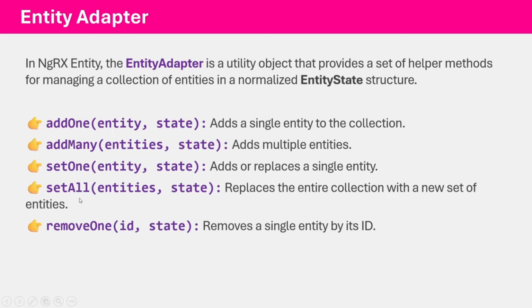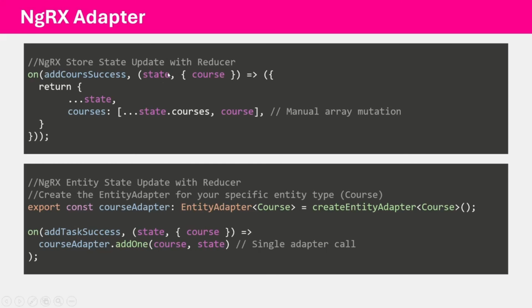But apart from these five methods, the entity adapter also provides more methods to perform CRUD operations from a reducer function. So these are a few examples of entity adapter methods which we can use inside a reducer function. As you can see here, without entity adapter, if we have to update a state, let's say we want to add a new course to the courses state, we will have to write that logic manually.